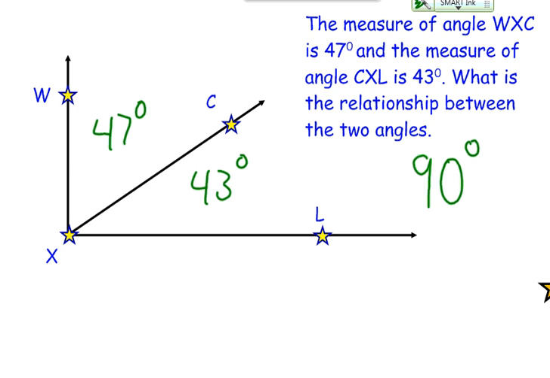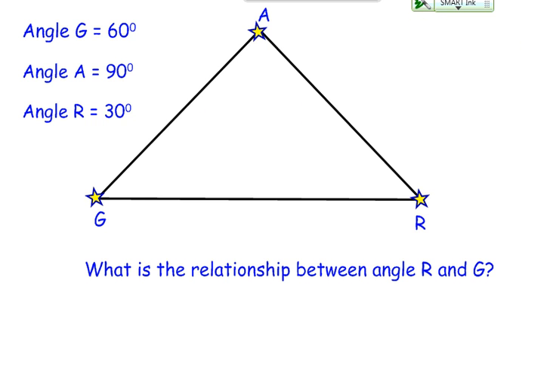And that creates a special relationship that is better known as complementary angles. Complementary angles are angles that are side by side that when the measures of their angles are added together, it equals 90 degrees. And so we would call these two angles complementary angles.